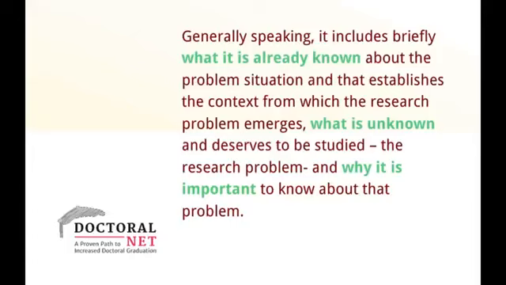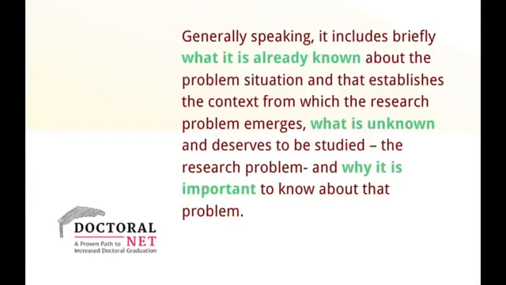Okay? So we can say, generally speaking, that a problem statement includes briefly what is already known about the problem situation. That establishes the context from which the research problem emerges. You also have to include what is unknown and deserves to be studied, which is in fact the research problem.